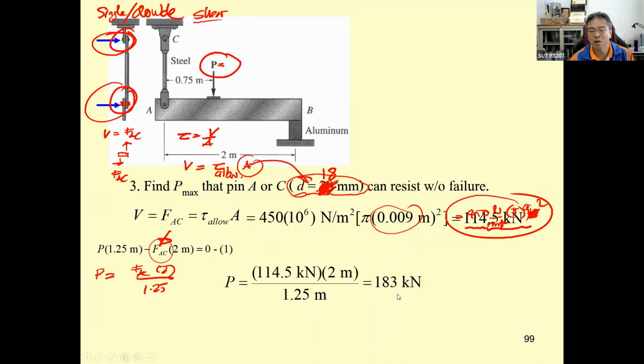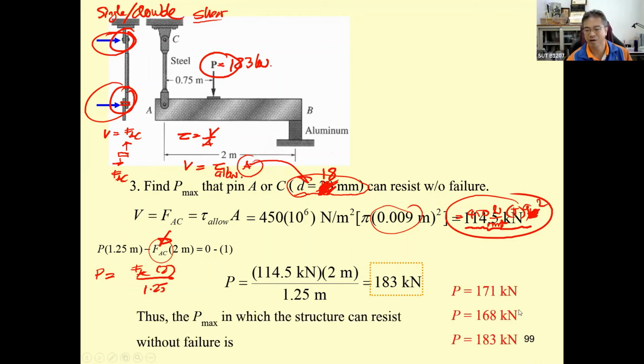You got 183 kilonewton. Now, you have 3 values of the P: 183 for the failure of the bolt, 168 for failure of the aluminum block, and 171 for the failure of the rod.